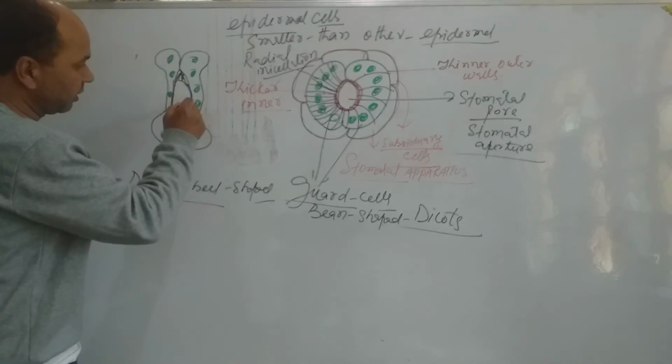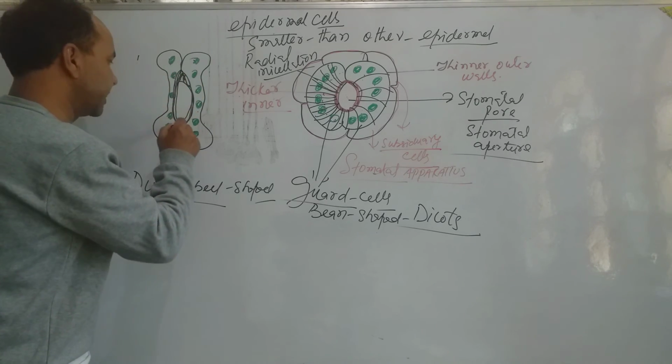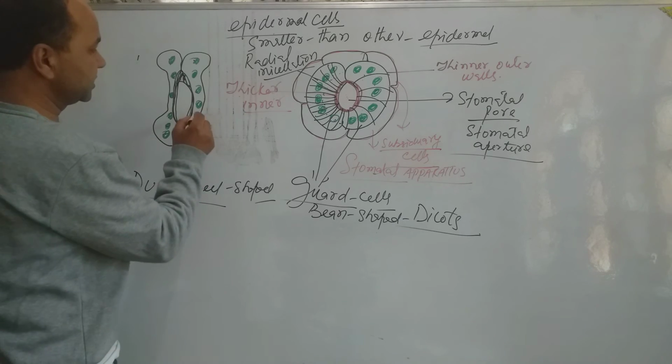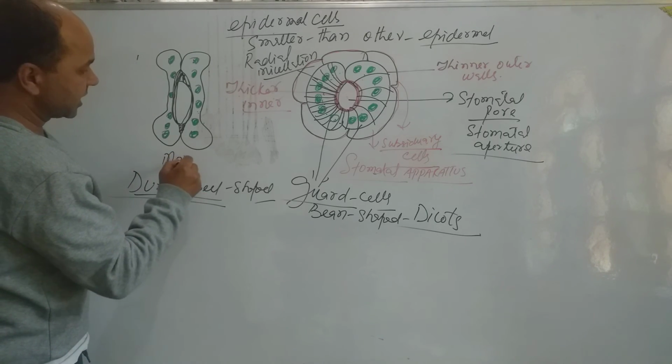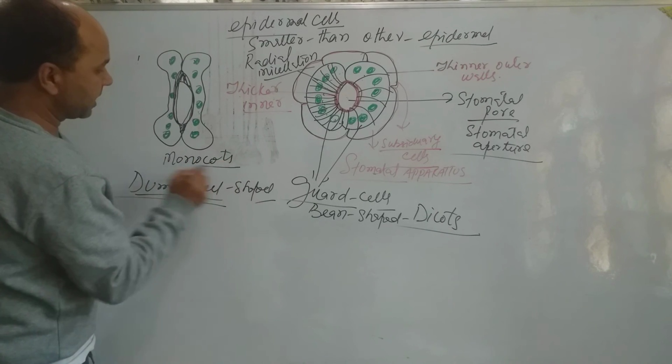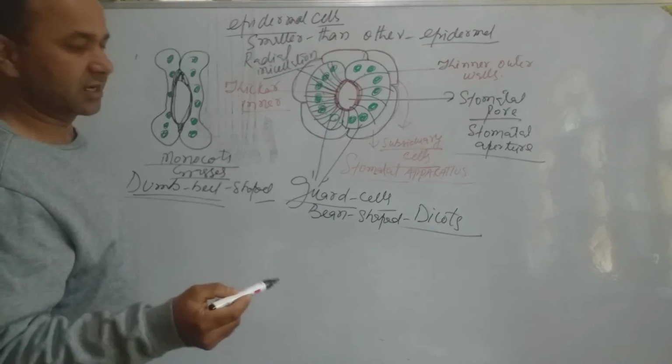Their inner walls are also thicker, that is, the walls facing the stomatal pore, and the outer walls are thin. These dumbbell shaped guard cells are found among monocot grasses like maize, wheat, and rice.